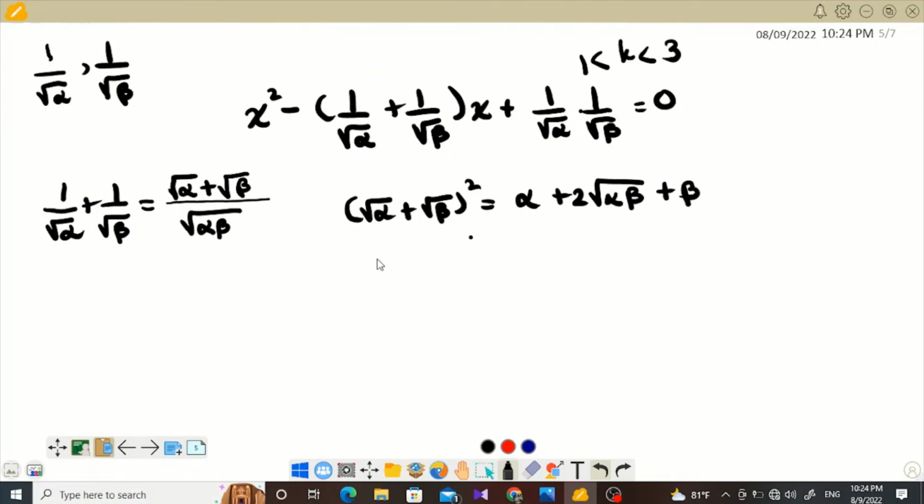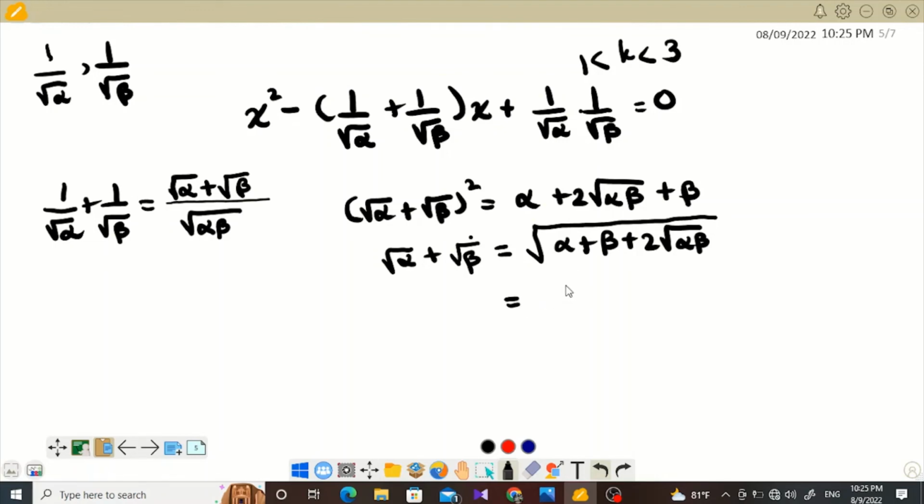Then I am taking the square root of both sides: root alpha plus root beta equals the square root of alpha plus beta plus 2 root alpha beta. So I can substitute values. We know that alpha plus beta is 2k plus 2, and alpha beta is k minus 3 squared. So I can simplify this.